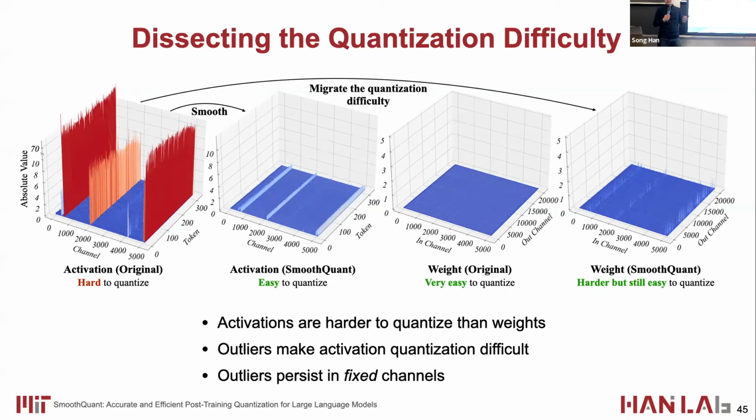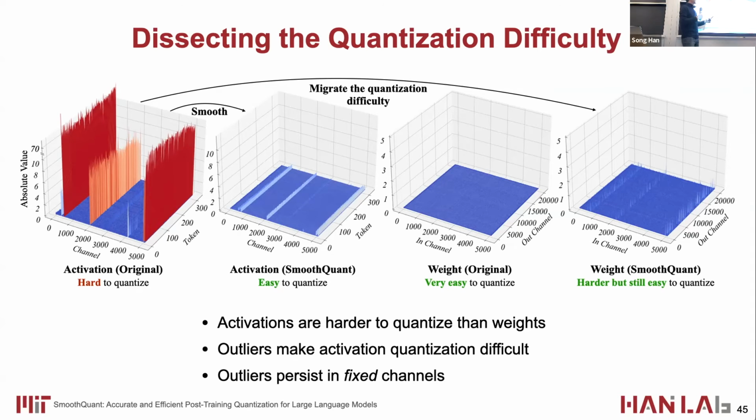So what do we do? We do smoothing. We try to smooth the activation to make it something like this. For example, this channel is super big, so I divide it by some number so that it becomes something smaller. To make sure it's mathematically equal, I multiply the weight by the same number so that the weight becomes bigger, so that the product between the activation and weight stays the same.